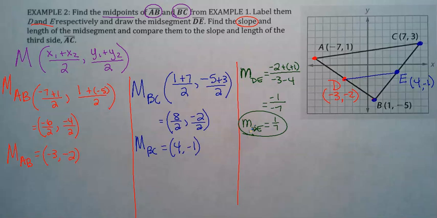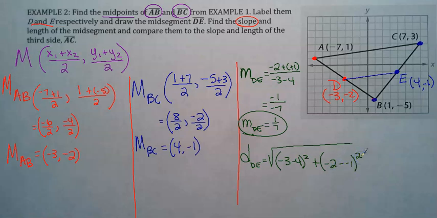The distance of DE equals the square root of the difference of our x values, so negative 3 minus 4, squared, plus the difference of our y values, negative 2 minus negative 1, squared.